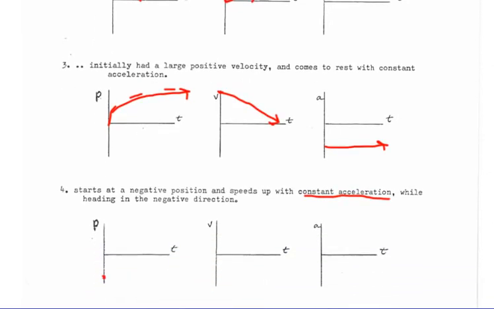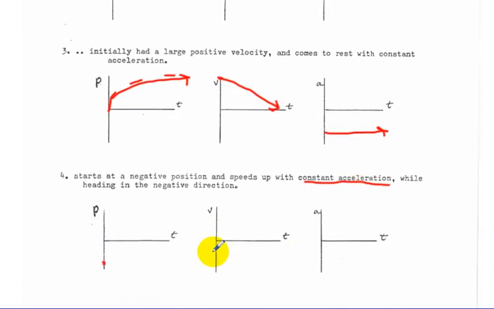If we take a look, constant acceleration in the negative direction. It doesn't tell us where we're starting, so it doesn't really matter where we have it. Heading in the negative direction, the slope of that is a constant negative acceleration. You can see our velocity and our acceleration are both in the same direction, so we will be speeding up.